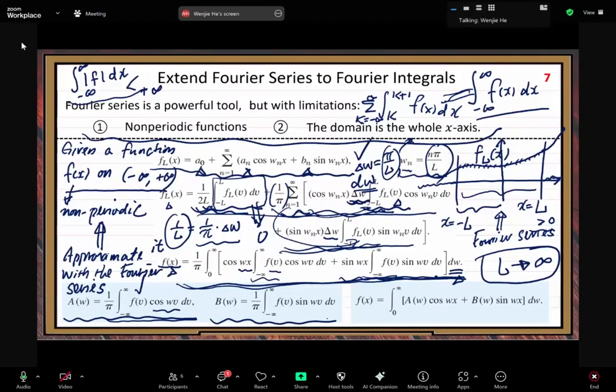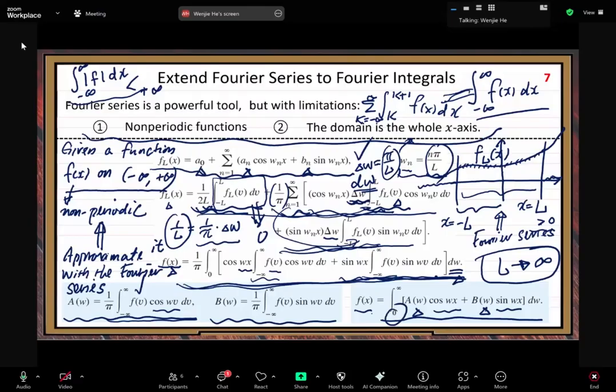So our final formula becomes f function equals an integral. This time you can see it's a single integral form, because the double integral is too complicated. After we calculate the capital A function and capital B function, we get a final formula, a single integral: capital A of w times cosine wx plus capital B of w times sine wx, added together, integrated from 0 to infinity.